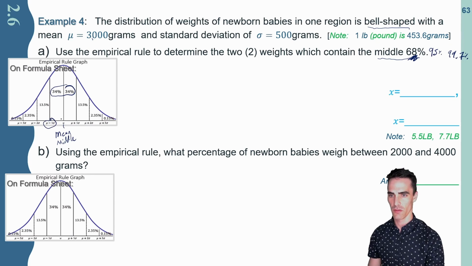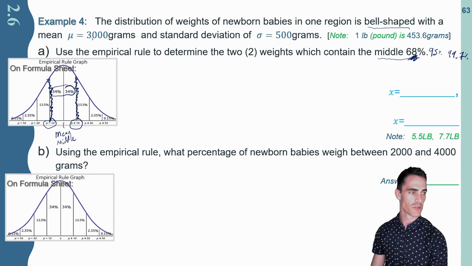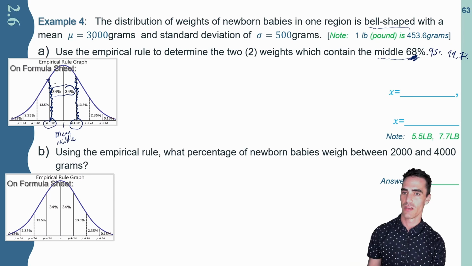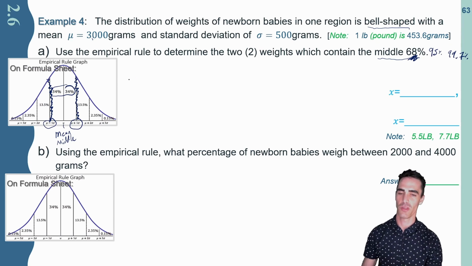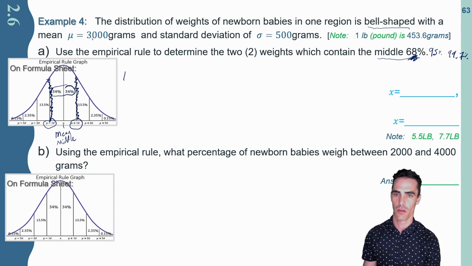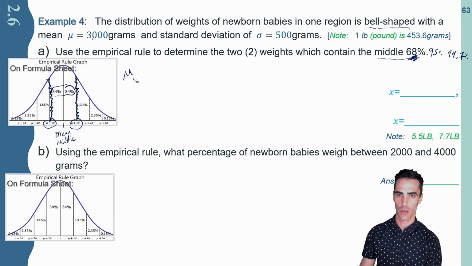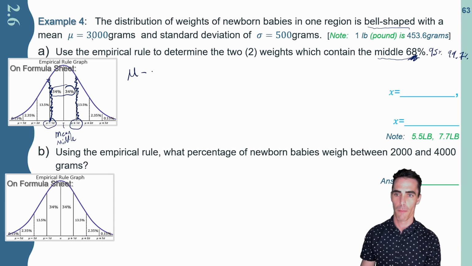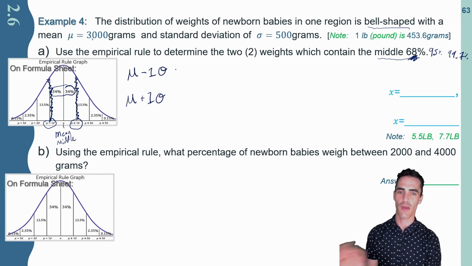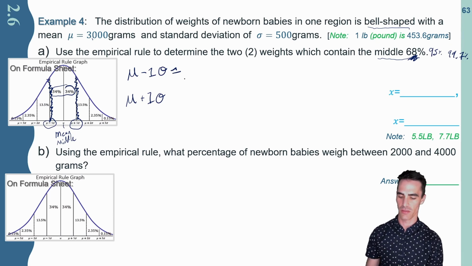If I was to draw a line in the sand here for the mean minus 1 standard deviation, and another line here, the mean plus 1 standard deviation, that does contain the middle 68% of my data. So really this question can be translated into figuring out the mean minus 1 standard deviation and the mean plus 1 standard deviation, because it's these two values that will contain the middle 68%.